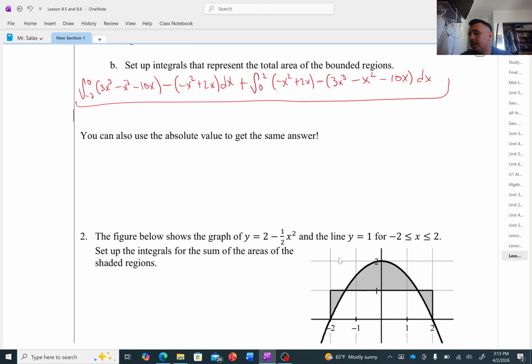Well, this is one of the cases where we can use the absolute value to figure out this whole thing, without separating into two integrals, all that stuff. So I can literally just set up my integral from a to c, so from negative 2 to 2. But now I'll do the absolute value of f of x minus g of x. Close my absolute values and dx.